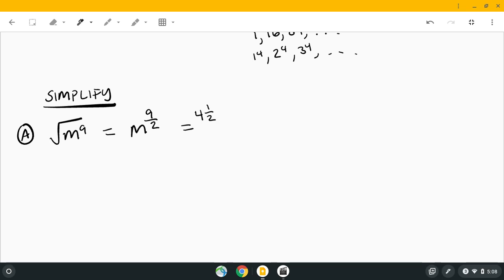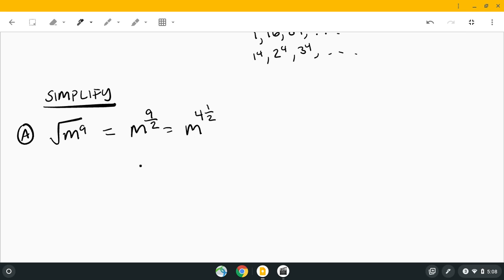So that's 4 and 1/2, right? I forgot my m. Okay, so all I did was turn this fraction into a mixed number. Just do this division. 9 divided by 2 is 4, so you have a whole number 4, but then you have a remainder 1, so that goes up here, and then the denominator stays the same. Okay, so I get m to the 4 and 1/2, right?